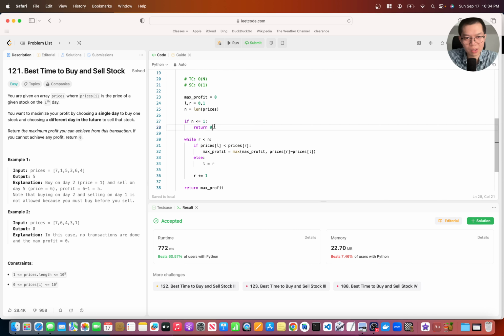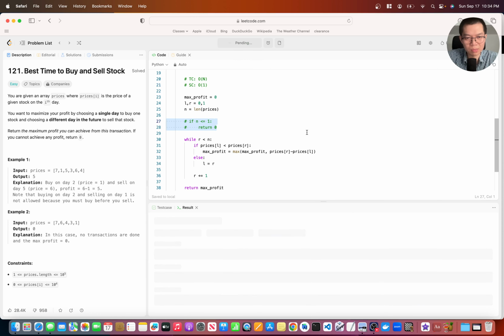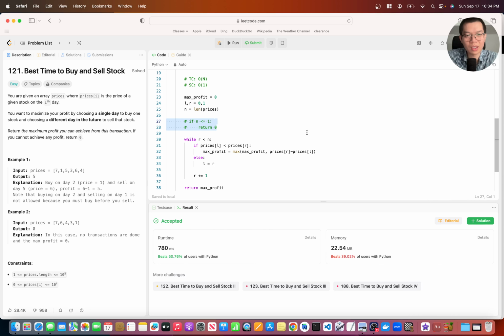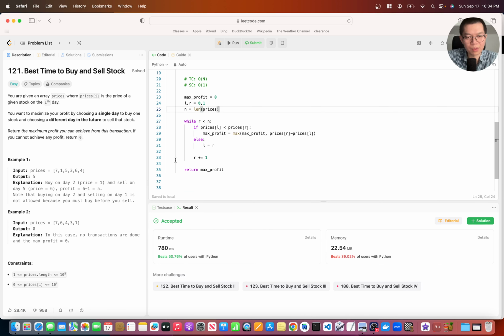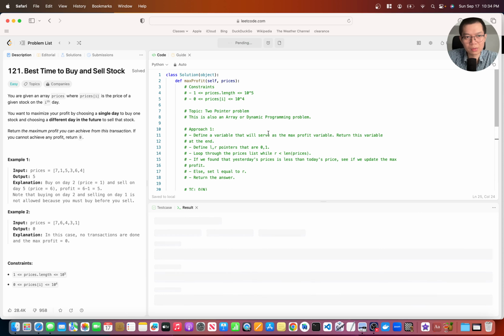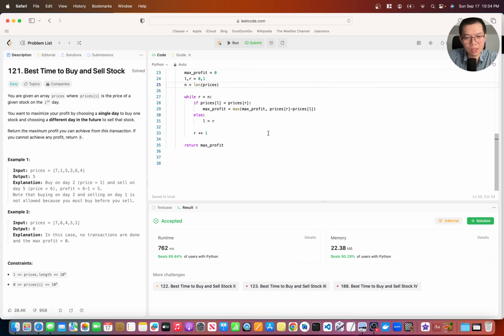I do want to check one thing. If I just remove this, will this still submit? Will the algorithm still work? I'm just curious. Okay, it does. So you actually don't even need the if statement.